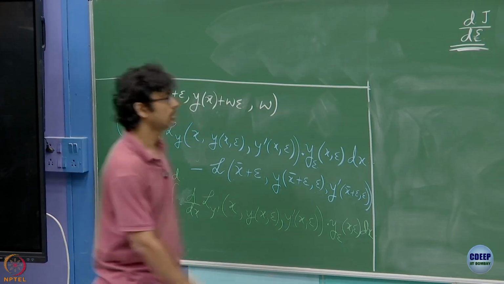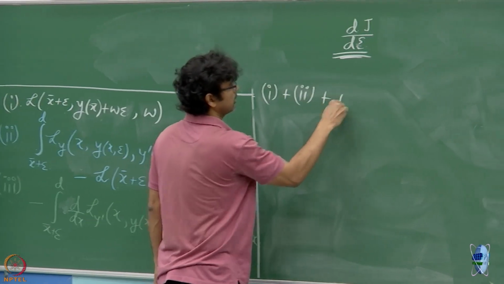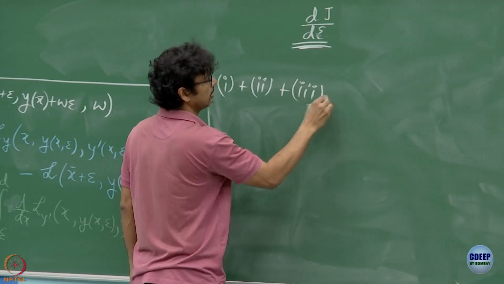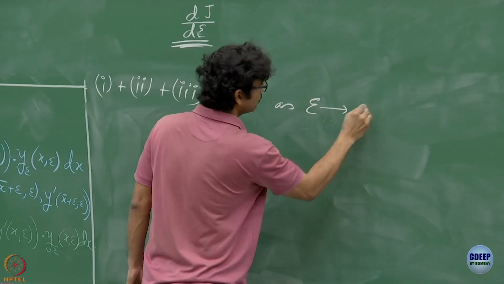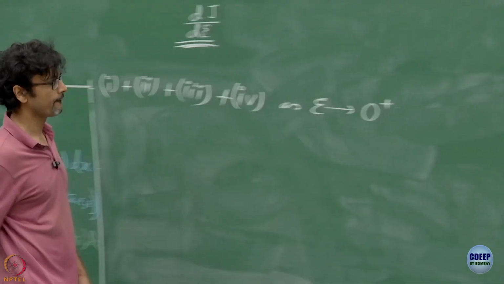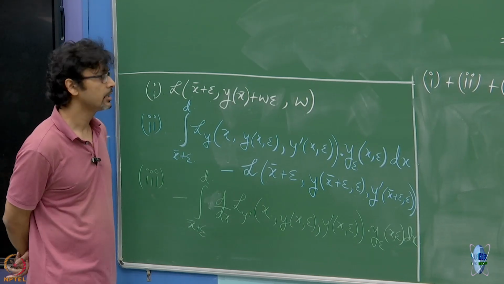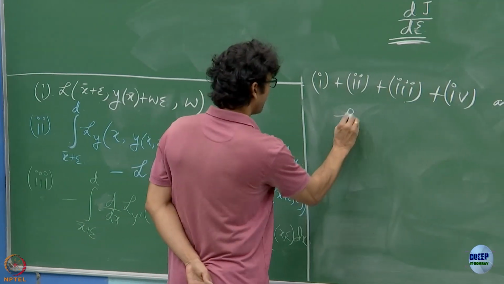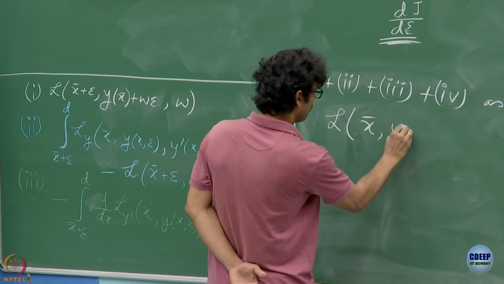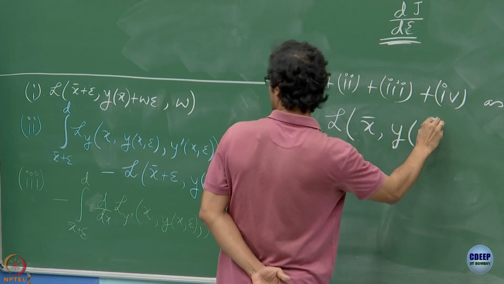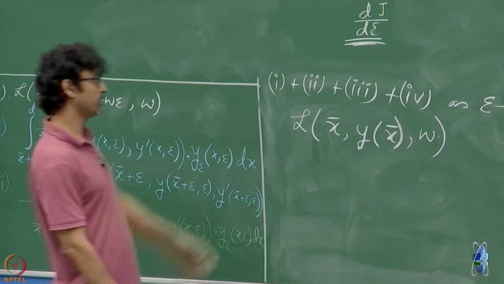What happens to this 1 plus 2 plus 3 plus 4 as epsilon tends to 0 plus? Yes, first term first, L at x bar, y at x bar, comma, w. That's it, first term taken care of.